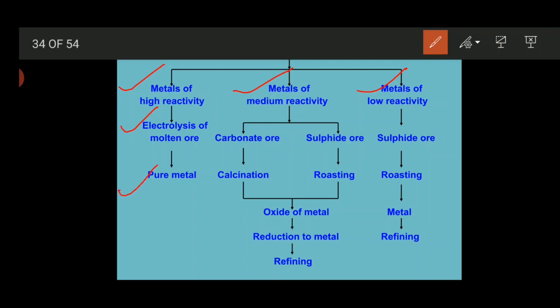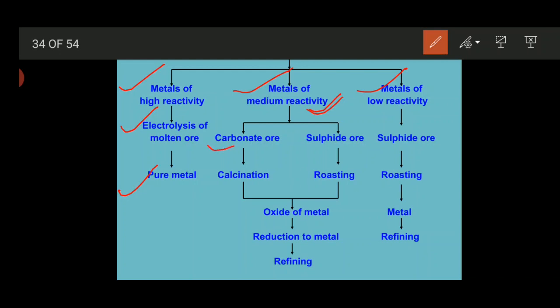Similarly, metals of medium reactivity are mostly present either in their sulfide form or in their carbonate form. Then in that step, we have to perform the conversion process.